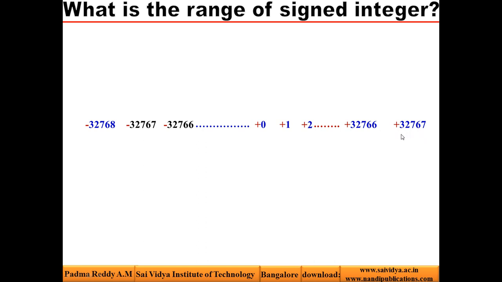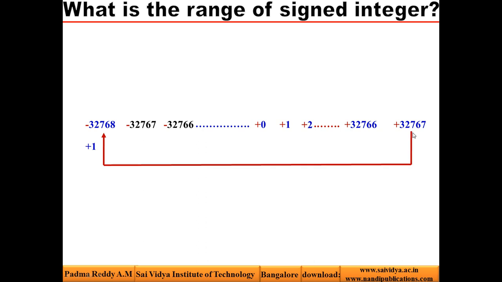But remember, this is only for a 16-bit number. Now my question is, if I say plus 32,767 plus 1, as we have seen in an earlier slide, if I add 1 to this, it should become the least number. What is the least number here? Minus 32,768.